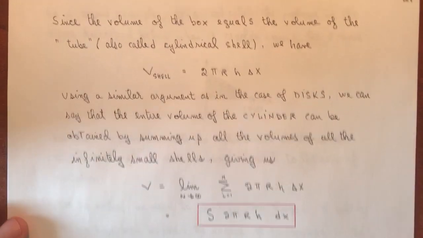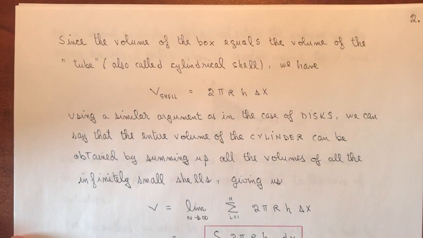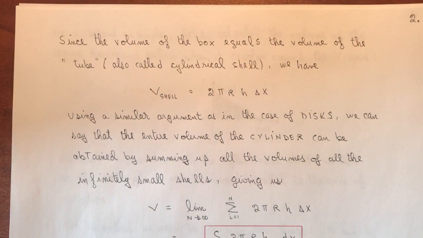Since the volume of the box equals the volume of the tube, which we also call a cylindrical shell, we have that the volume of a shell is 2 pi big R h times delta x.